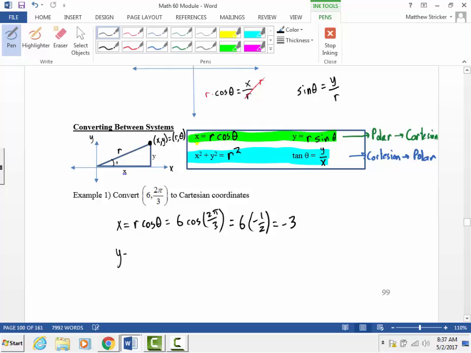Likewise, y is r sine theta, which is 6 times the sine of 2 pi over 3, which is 6 times what? Root 3 over 2. Two goes into 6 3 times, and we get 3 root 3.